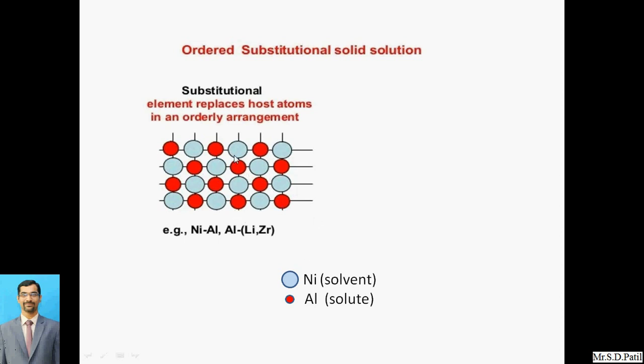So this is called an ordered substitutional solid solution. I hope you understand that the content we are adding is called the solute, into the basic metal, that is called the solvent. Whatever we are adding as a solute occupying the ordered arrangement is called an ordered substitutional solid solution.